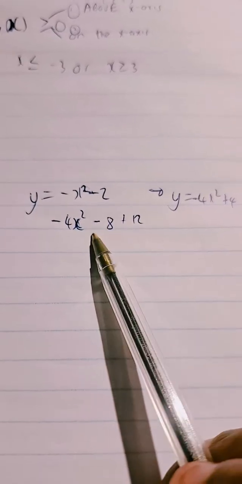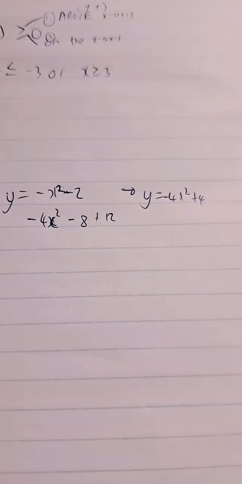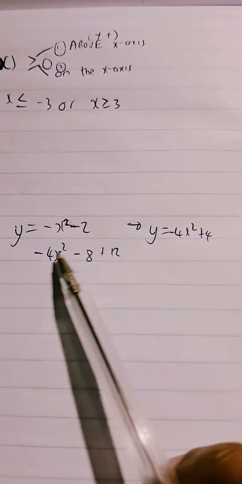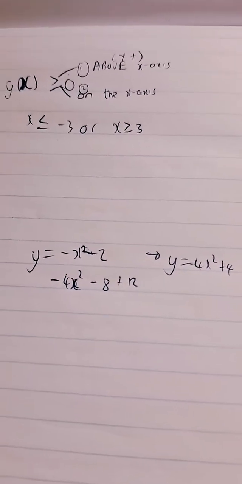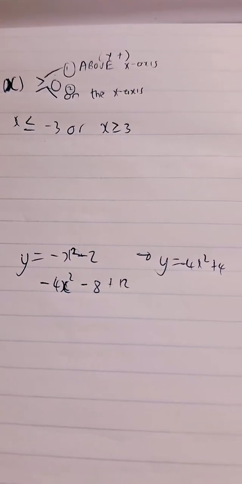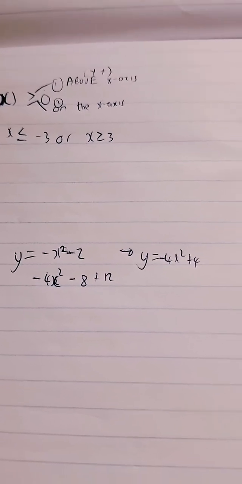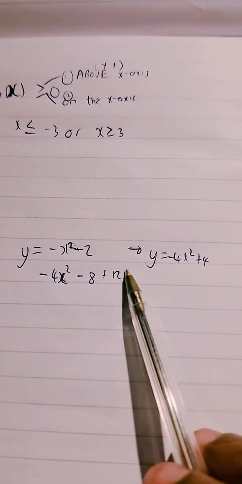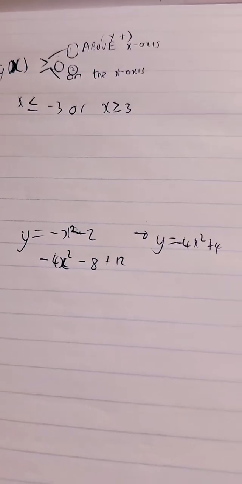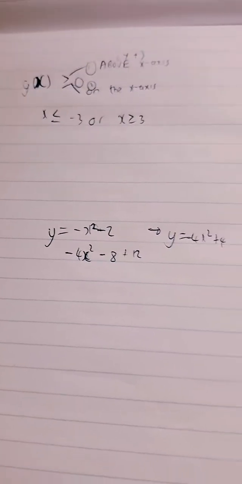So it vertically stretched by a factor of 4, and then it translated 12 units upwards. When you vertically stretch it, it means you are also multiplying this and that. You're not just multiplying -x squared. Then it vertically translated 12 units upwards. You must be in the position of being able to do such described transformations.